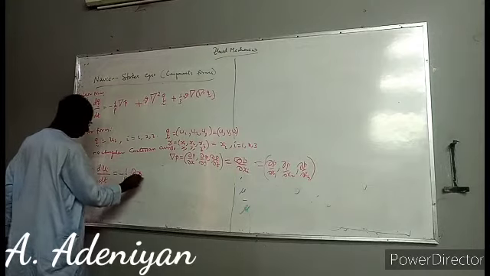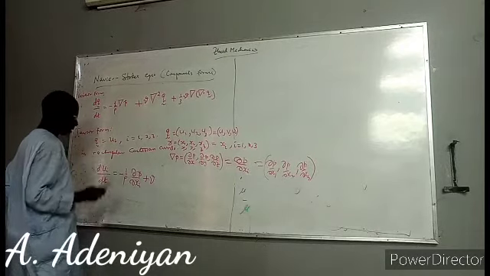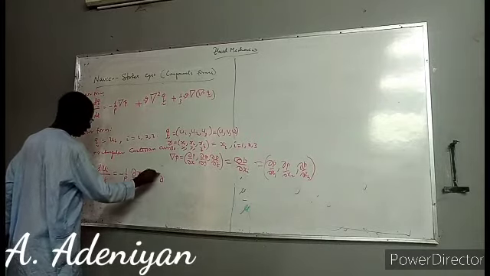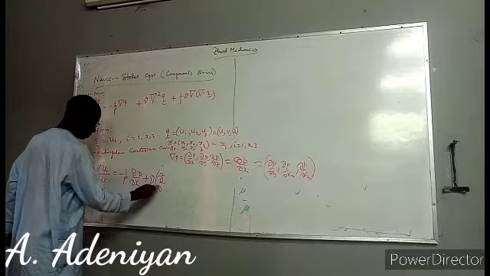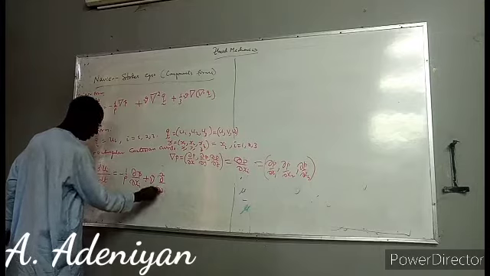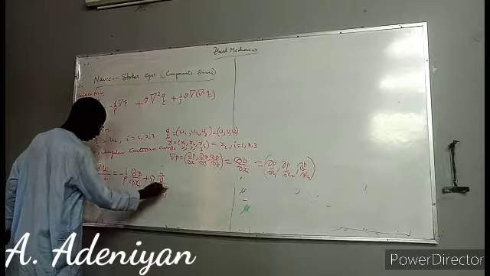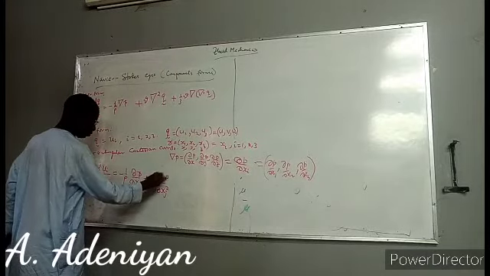The plus mu term also goes the same way. This can actually be written as d/dxj squared of q.